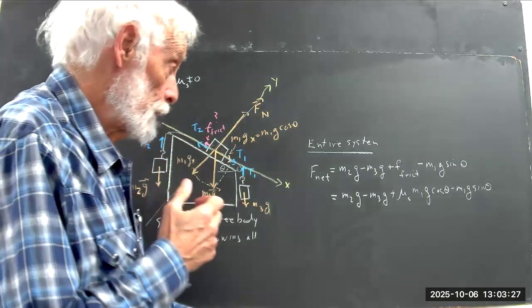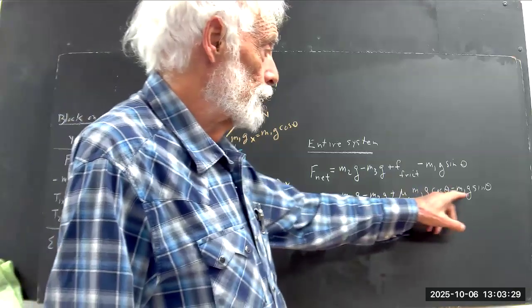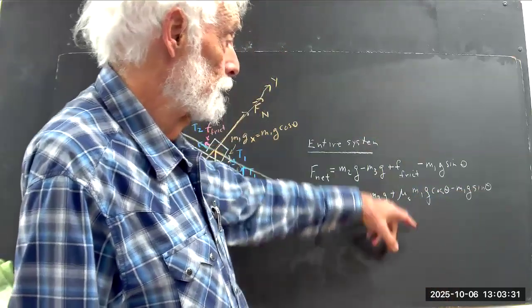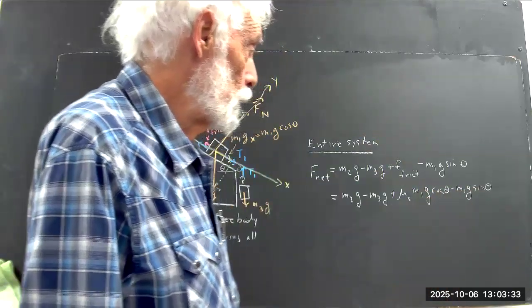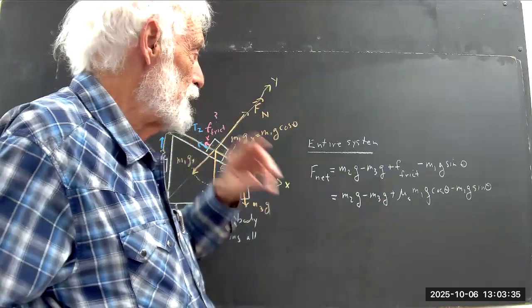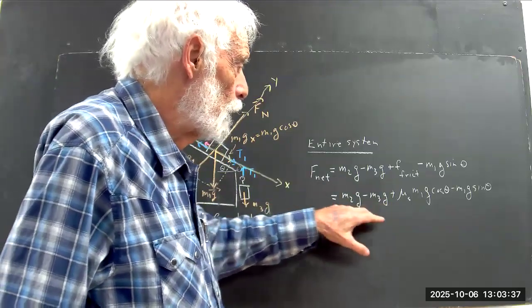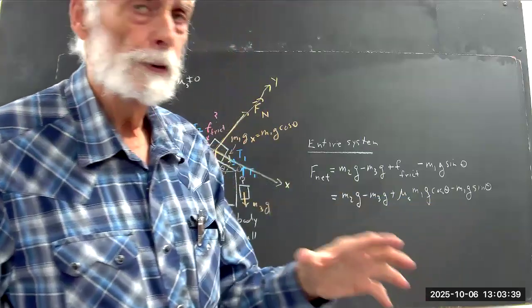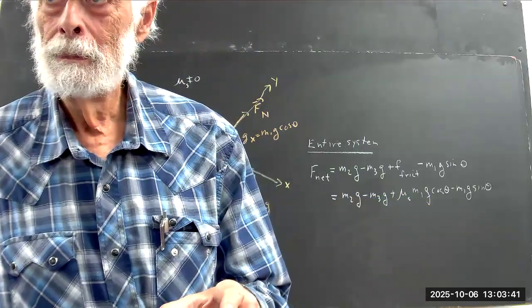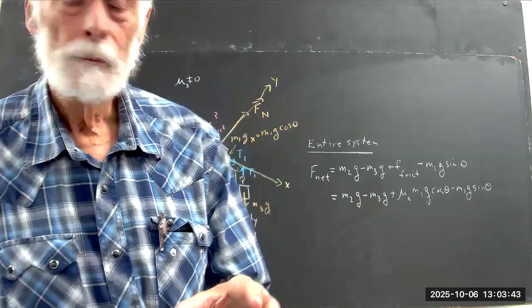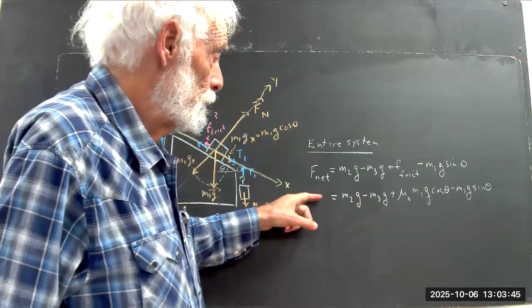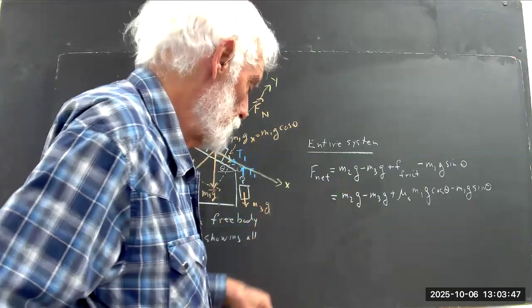Okay, you put all that together. The cosine and the sine are just going to give you numbers. The M1G and the mu s, if all this is known, then you have an expression for F net.